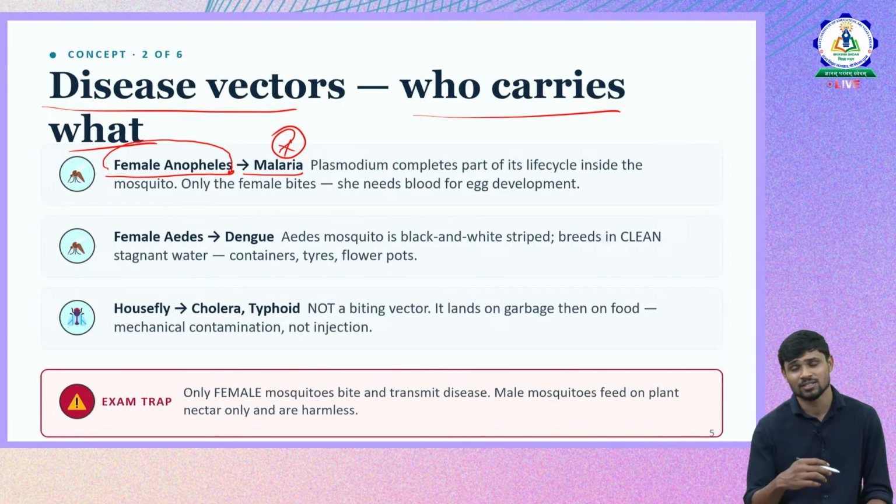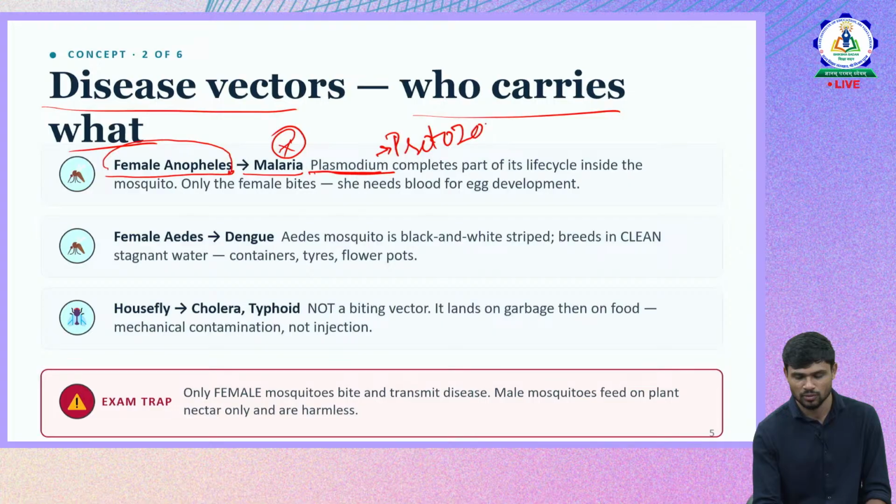But what is the actual pathogen, the actual microorganism that causes malaria? It is Plasmodium, a protozoa, which is a type of microorganism. Very important from a CTET perspective.